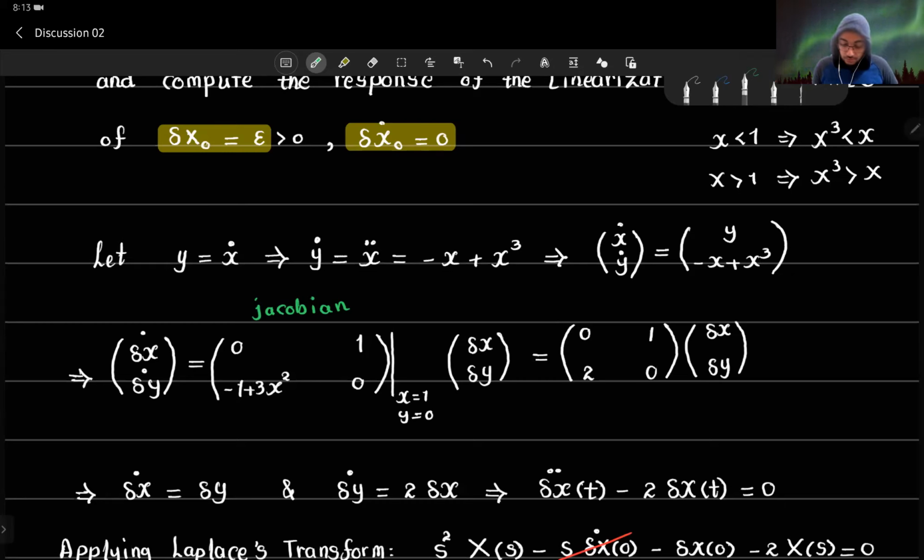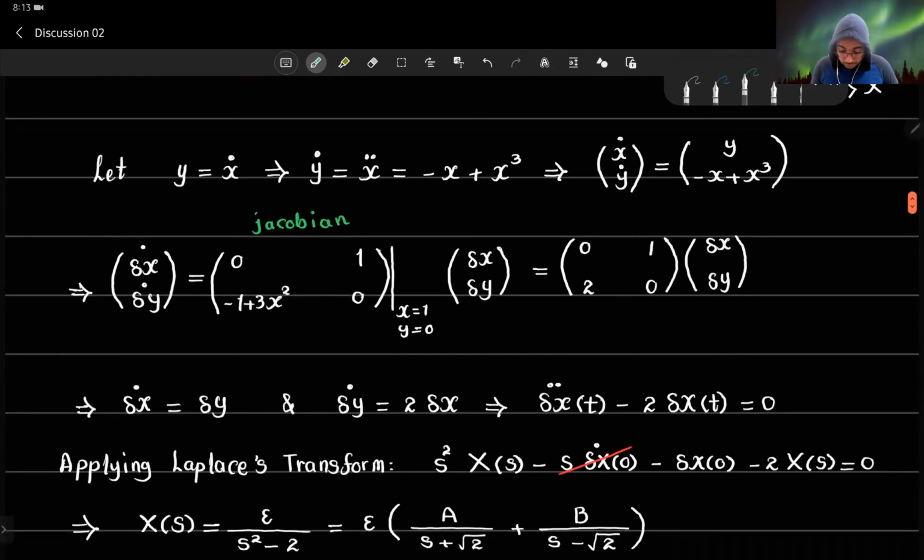Then we evaluate at the point that we would like to linearize around, which is x equal to 1 and y equal to 0. In this case, we will get that the linearized system, which has the state delta x and delta y, is given by delta x dot and delta y dot equals the matrix 0, 1, 2, 0, multiplying delta x and delta y.